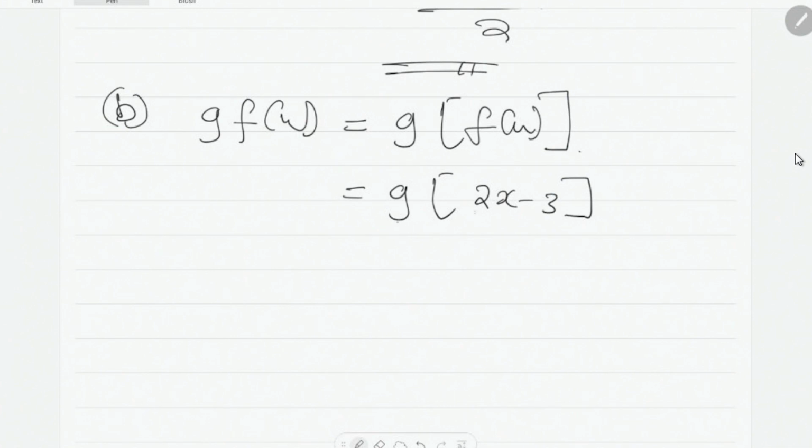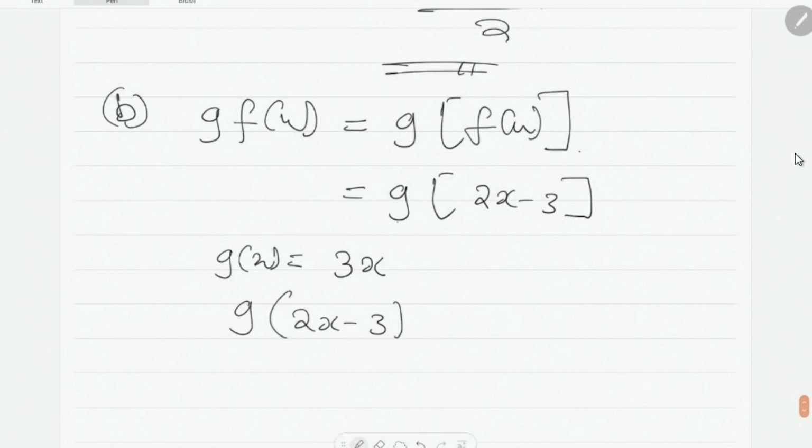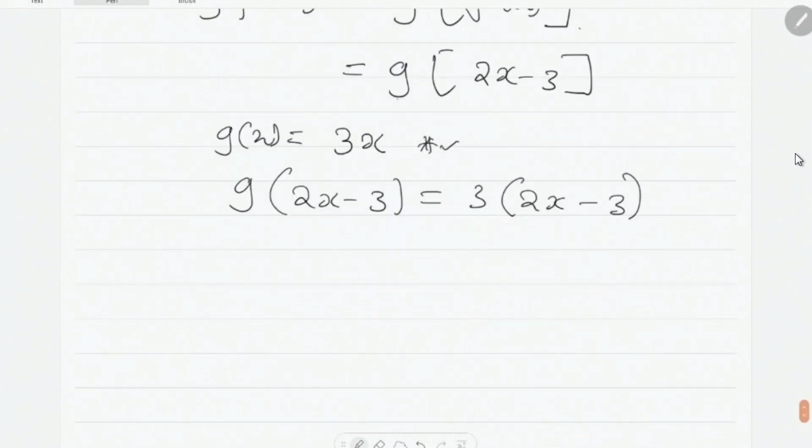And then I'll look for g of 2x minus 3. Now we know that g of x is equal to 3x. So when I replace x with 2x minus 3, then on the right hand side of this particular equation, I'm also supposed to replace, wherever there is x, I should replace that with 2x minus 3.